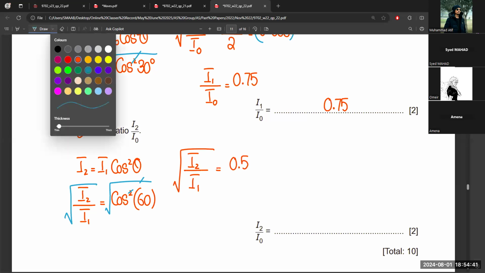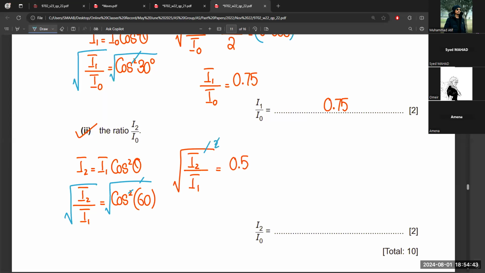Square of 0.5 is 0.25. But this answer is for I2 over I1.